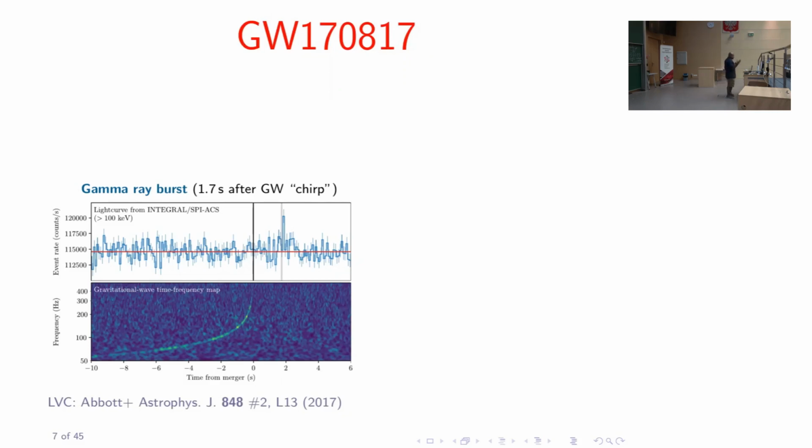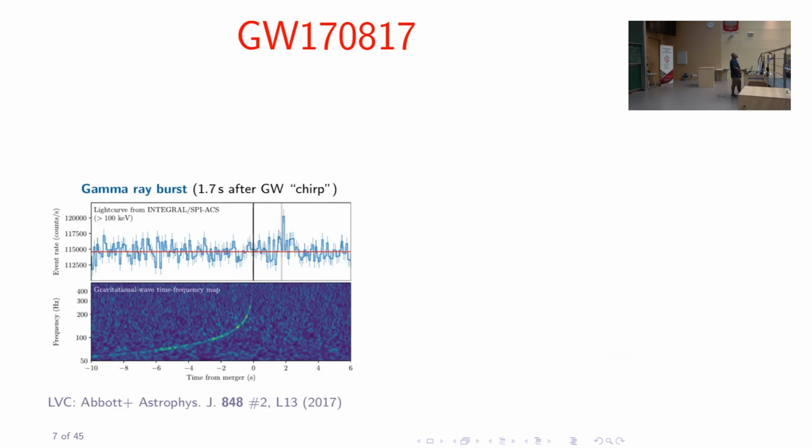It also has all kinds of other interactions, including strong and electromagnetic interactions. So when there's a merger involving a neutron star, you expect not only gravitational radiation, but also bright electromagnetic radiation, potentially also neutrinos, which we unfortunately did not observe conclusively. So the first electromagnetic signal came as a gamma ray burst about 1.7 seconds after the merger.